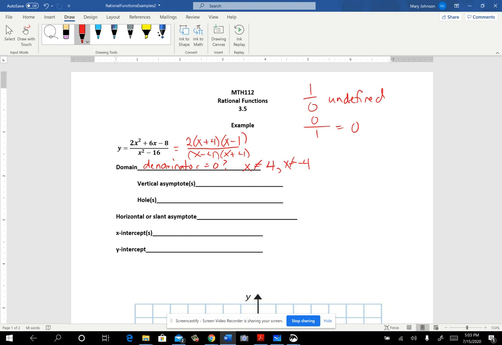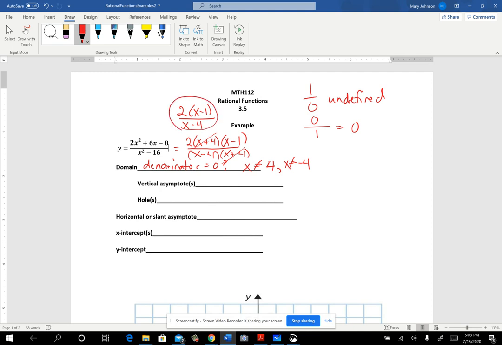So it's undefined at both spots, but notice the x plus 4 could actually be canceled out, and you'd be left with 2 times x minus 1 over x minus 4. Back in Math 100, we used to ask you to simplify the rational expression, and you would have put this down as the simplified form.